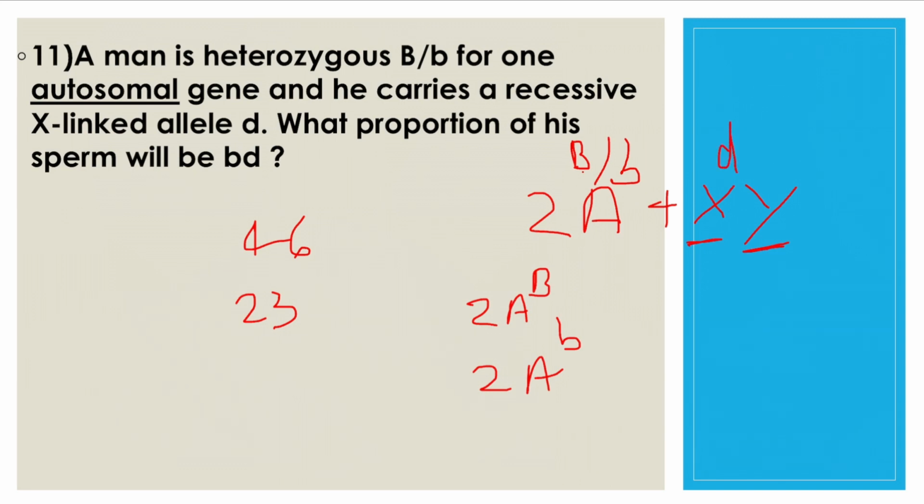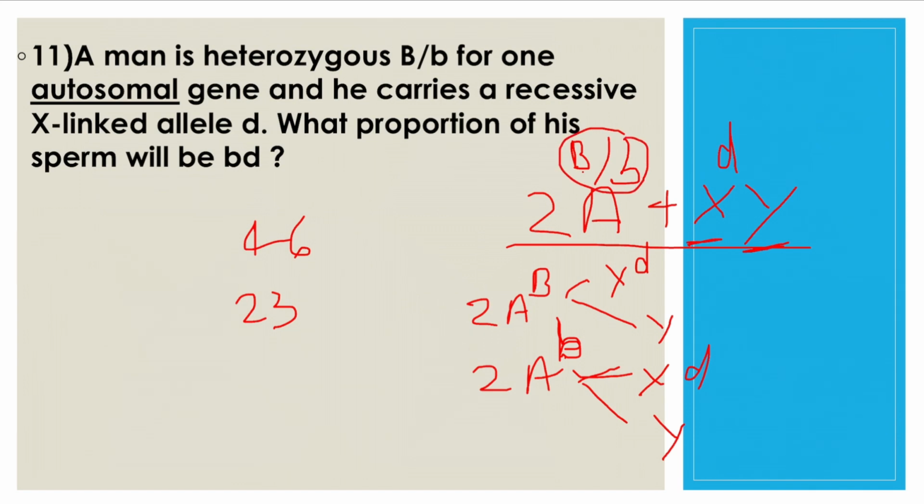It means that it will also give 2 situations: X with d, or Y. It means this person has one autosome heterozygous and one X with the recessive linked allele d, and it will produce 4 types of sperm.